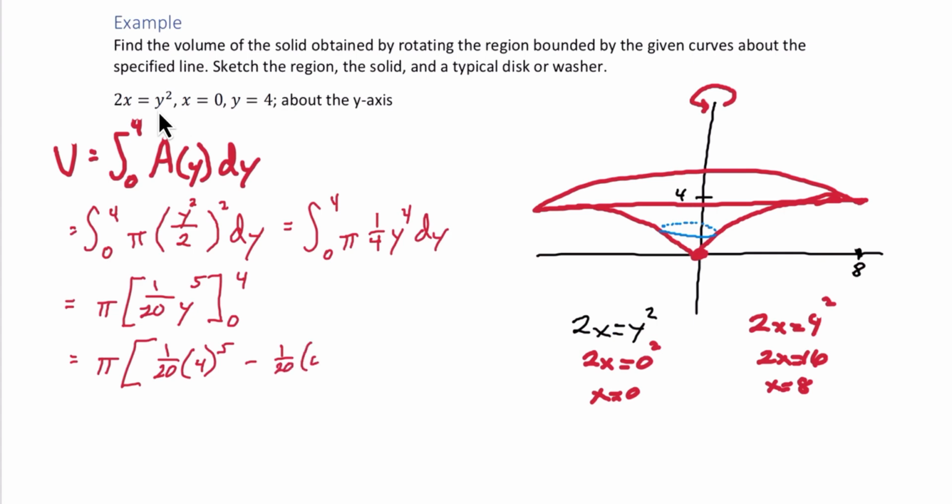Plug in the lower limit. If we simplify this, we'll get 51.2 pi. And this is the volume of the solid.